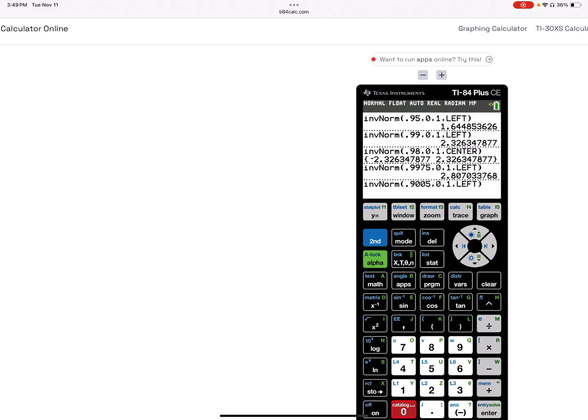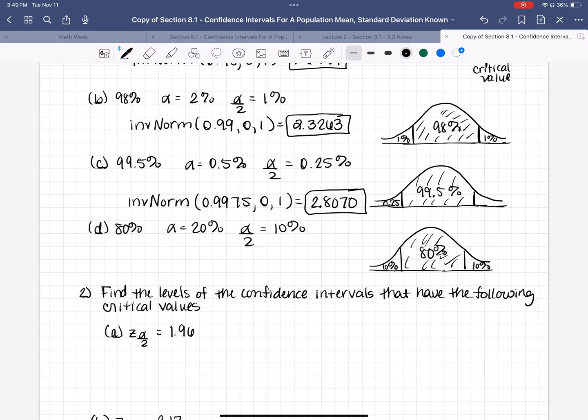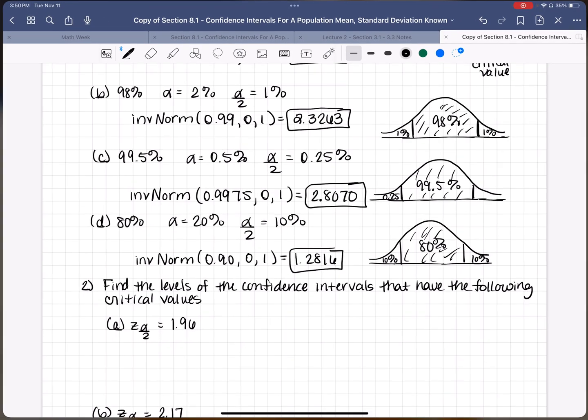I'm just going to zero those out, and that should give me 1.2816. So I have inverse norm 0.90, 0, 1 equals 1.2816. I must say that is a nice feature.